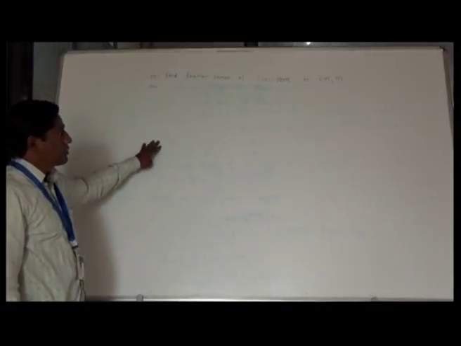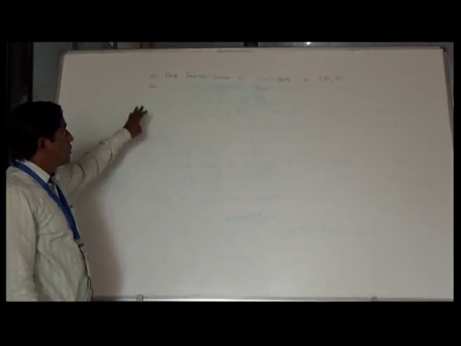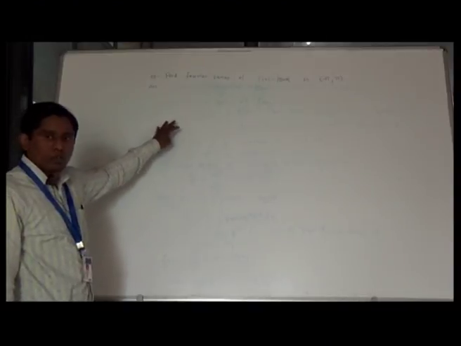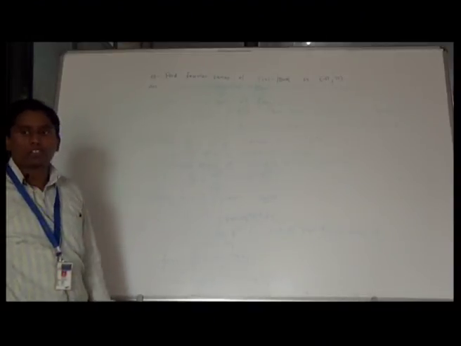Answer. We have to find the Fourier series of f of x equal to mod of sin x in the interval minus pi to pi.